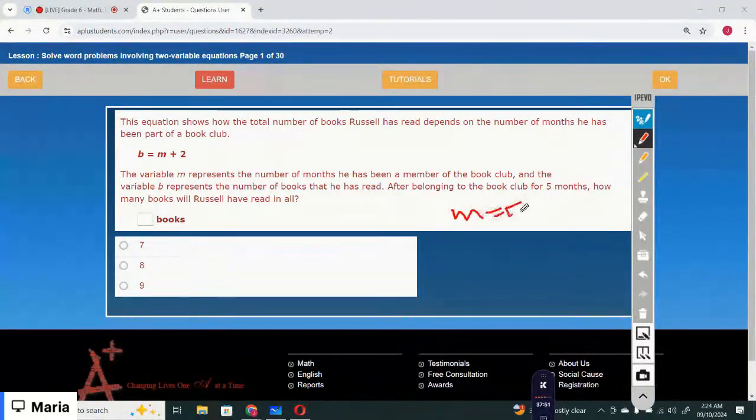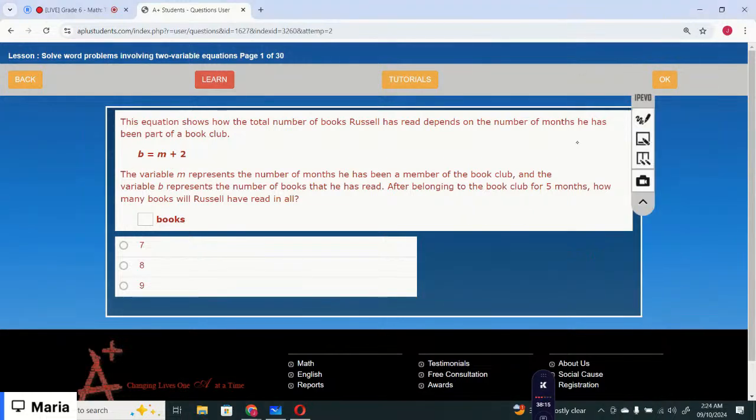That is m equals 5. So replace the value of the variable in the equation, and you can find how many books Russell has read in all. So 5 plus 2 is 7. That means after belonging to the book club for 5 months, Russell has read 7 books in all. The correct option is 7. Option number 1 is the correct option.